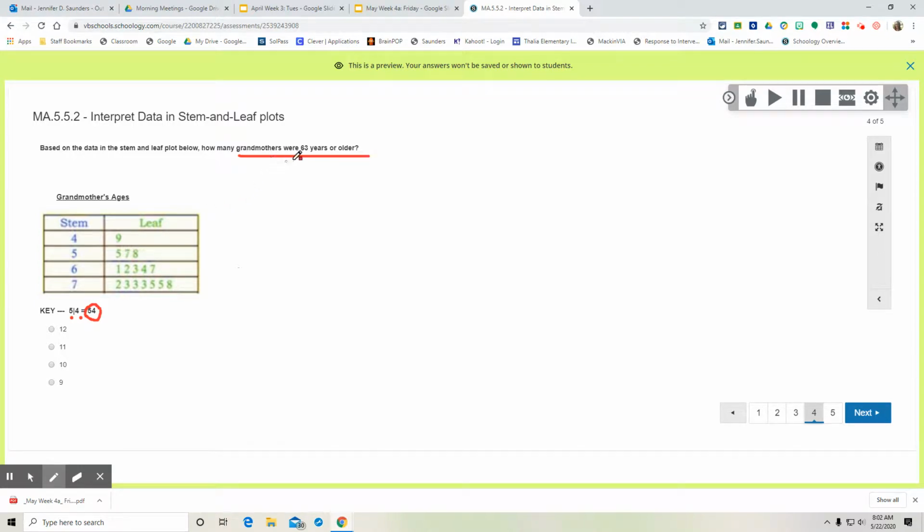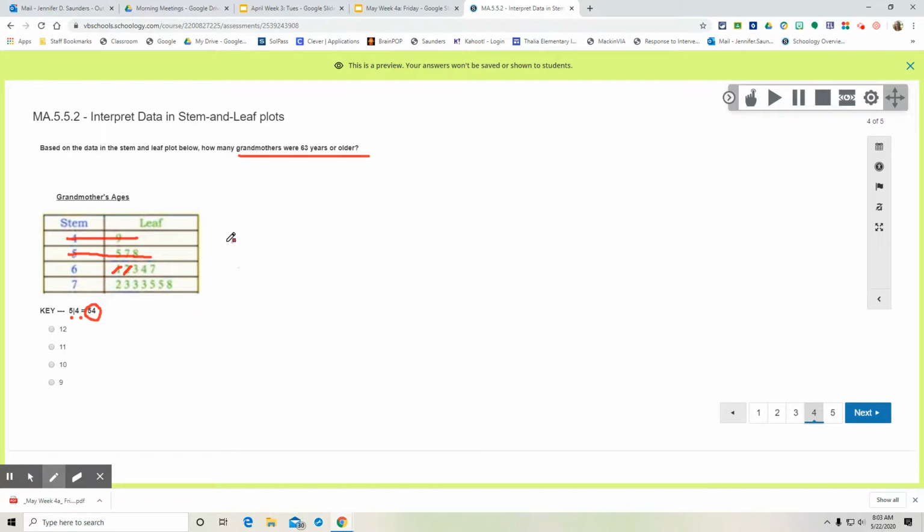Going back to my question, we're looking for 63 or older. So I'm not looking at anybody in the 40s. I'm not looking at any grandmas in their 50s. And I'm not counting anyone younger than 63. So this 61-year-old grandma's not counting. Neither is a 62-year-old.